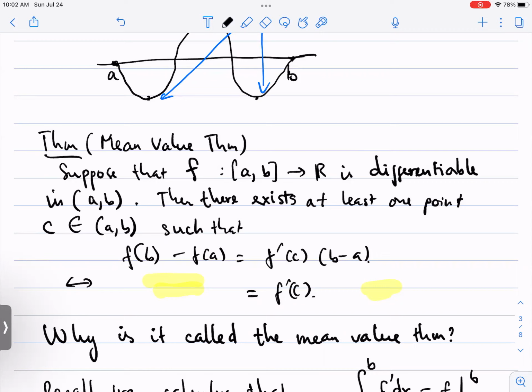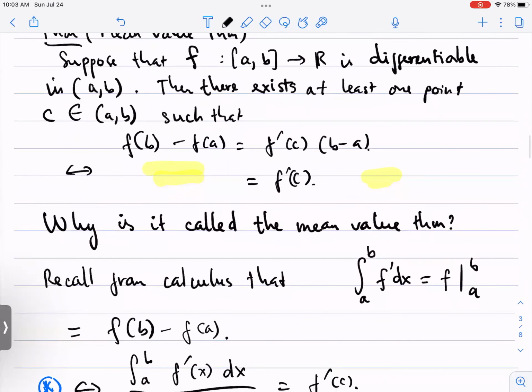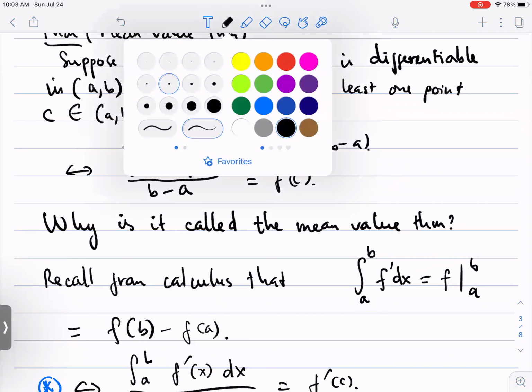Then there exists at least one point C inside the interval, an interior point, such that f(b) minus f(a) is equal to f prime of C times (b minus a). In other words, the quotient (f(b) minus f(a)) divided by (b minus a) is equal to f prime of C. So let's denote this equation star.